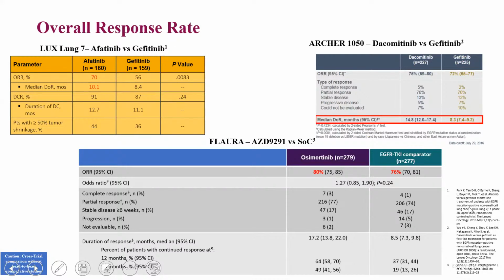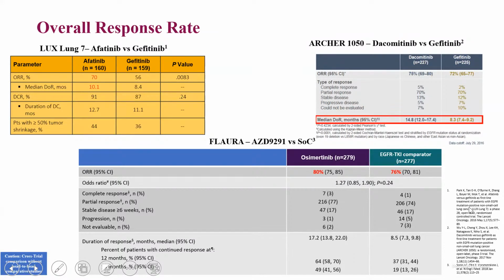Overall response rate, if you see different trials: for afatinib the overall response rate was 70% and disease control rate was 91 versus 87 in gefitinib. Overall response rate 70% versus 56%. Median duration of response 10 versus 8.4 months.